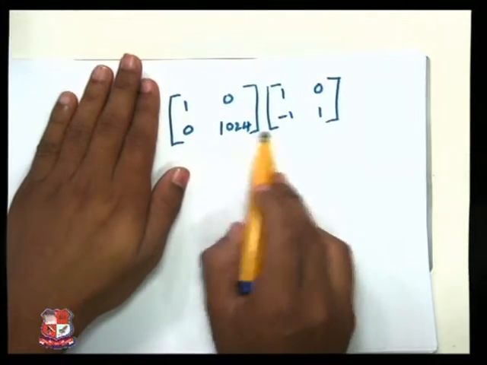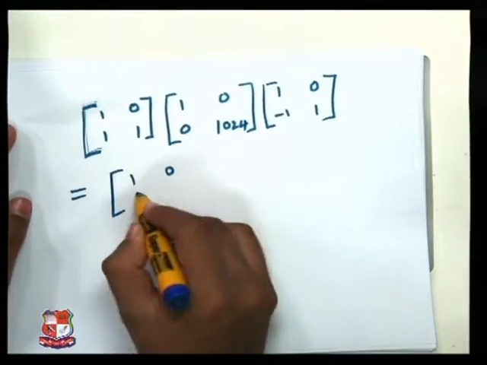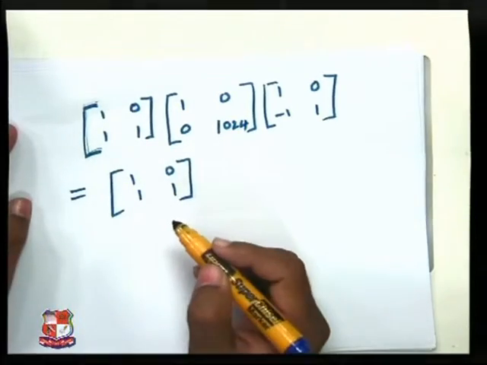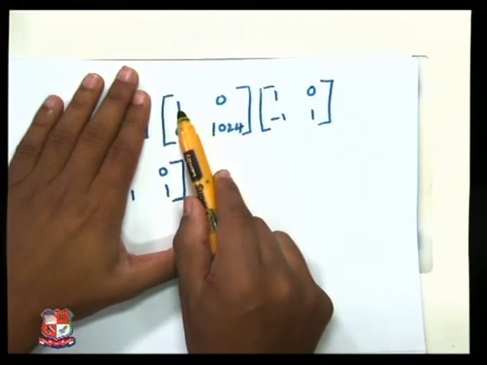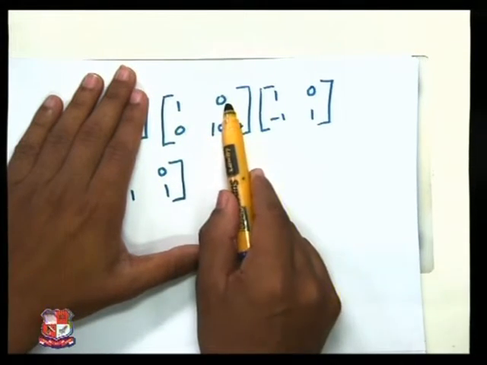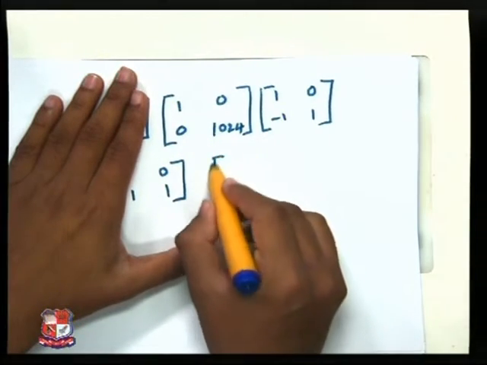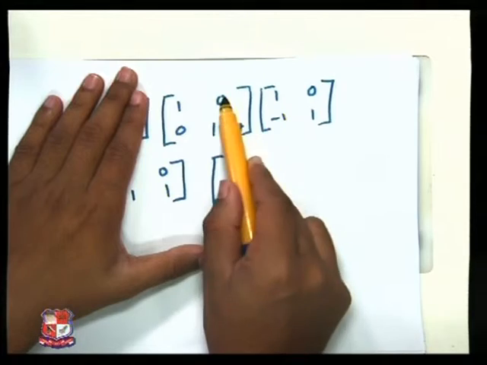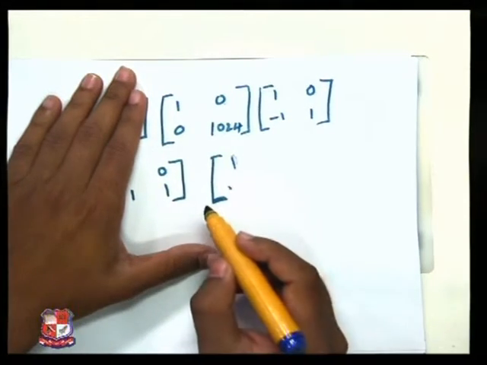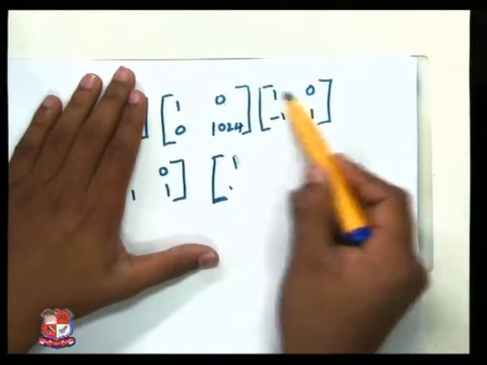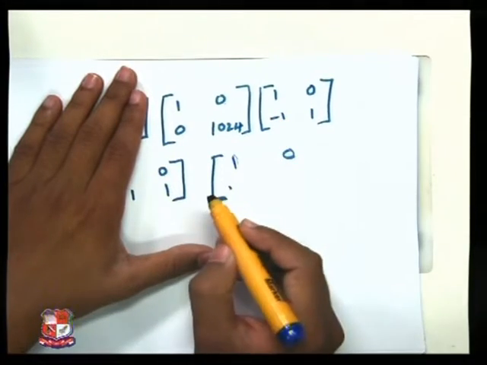So let's check the multiplication of these three matrices. First of all, we multiply these two matrices. Consider the first row and multiply with each column of the second matrix. So 1 into 1 plus 0 into 0, you will get 1. Then 1 into 0 plus 0 into 1024, you will get 0.